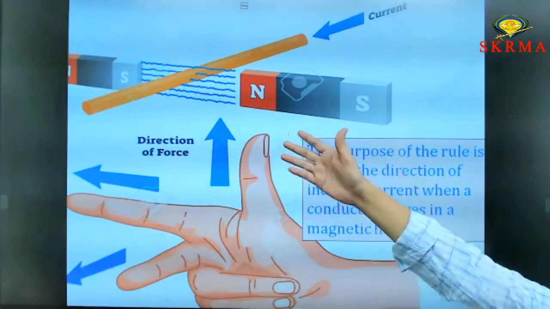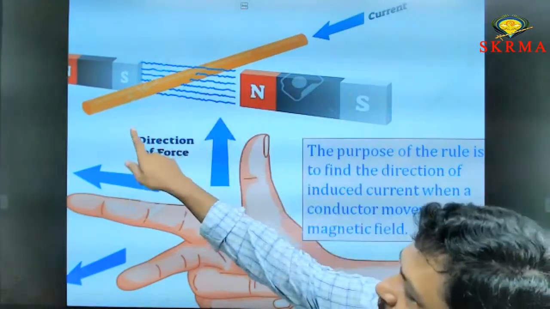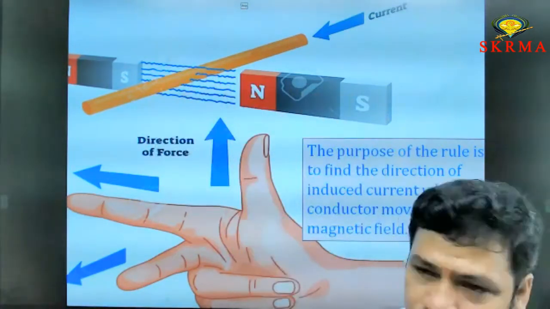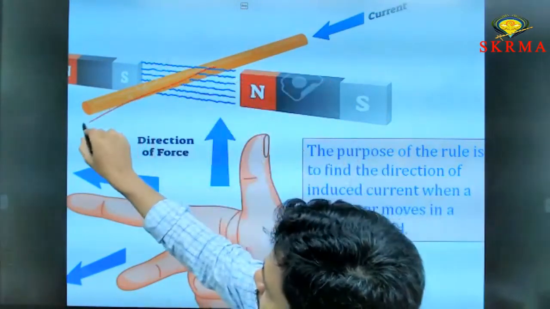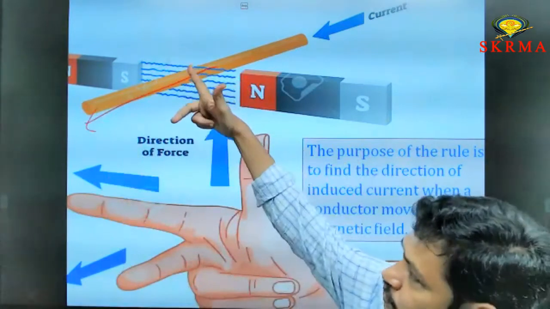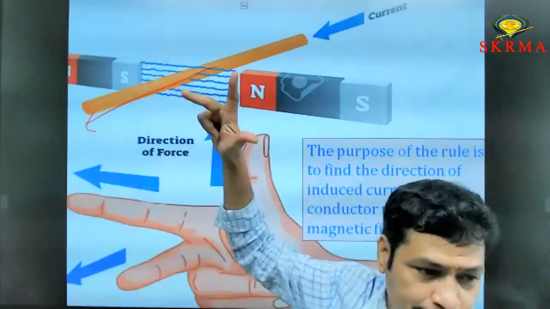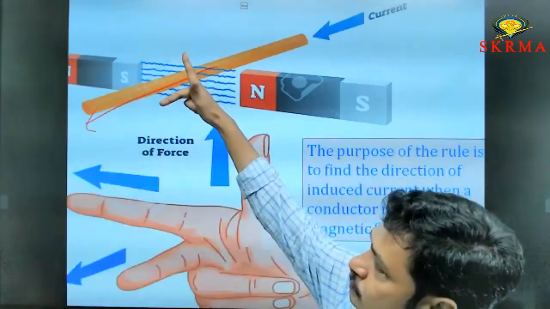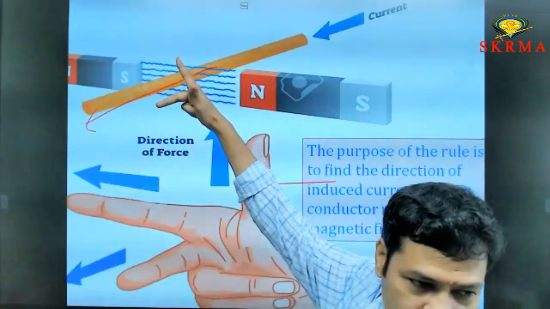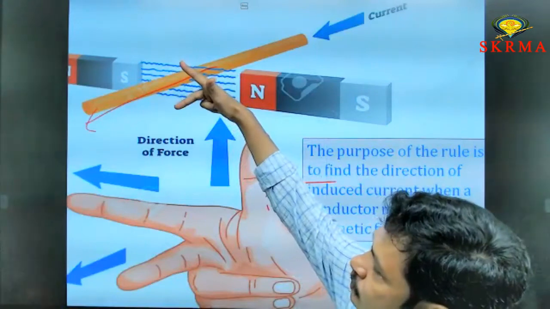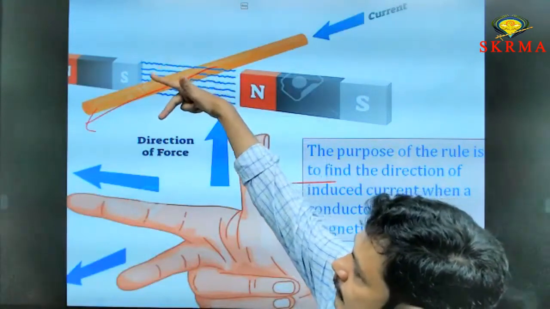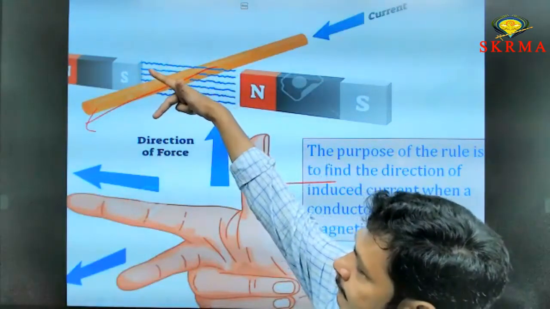If you observe this diagram, there is a conductor between two poles. The current is moving in this direction, which means you place your middle finger in the direction of the induced current in this conductor. Then what is the direction of field?